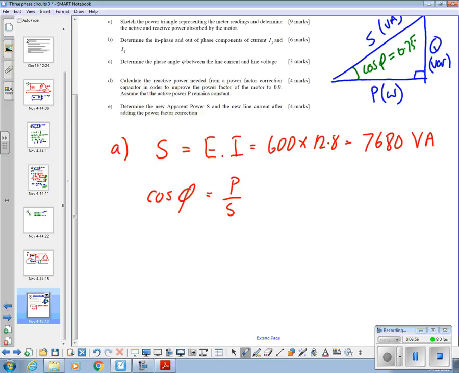That's what I've done. So that rearranges to P is S cos of that, which is 7680 times 0.75, which is what you've done. Yeah, you've just written it out differently.